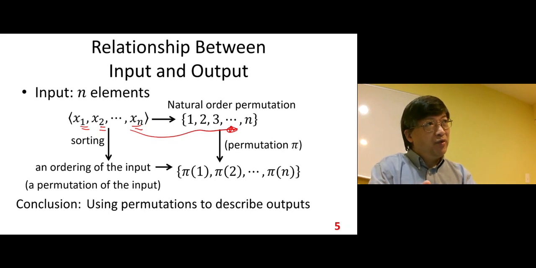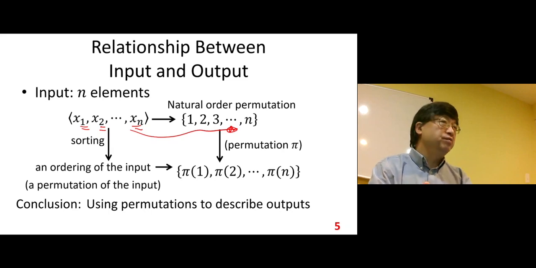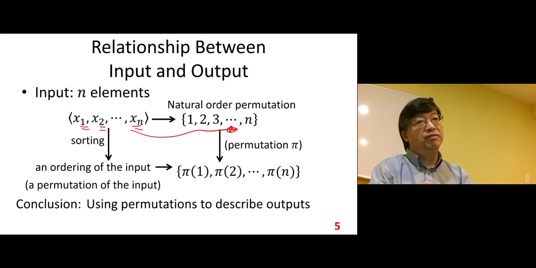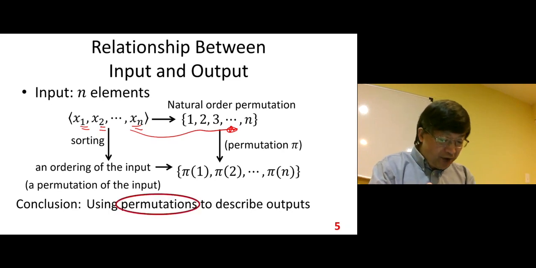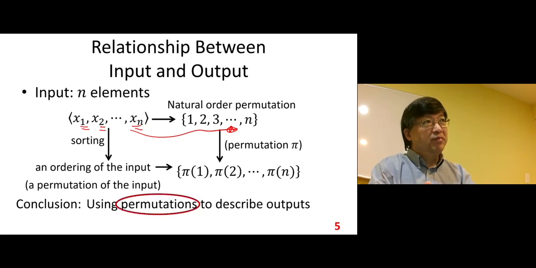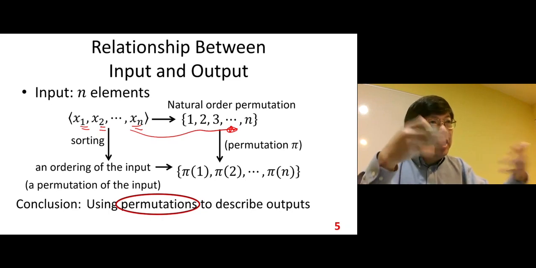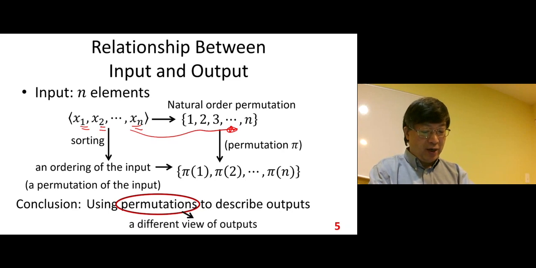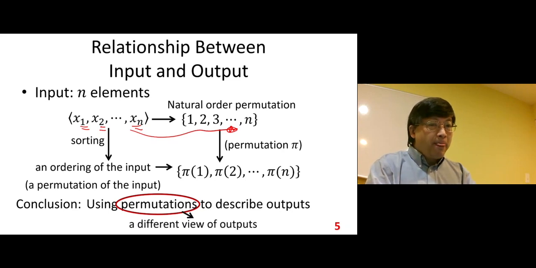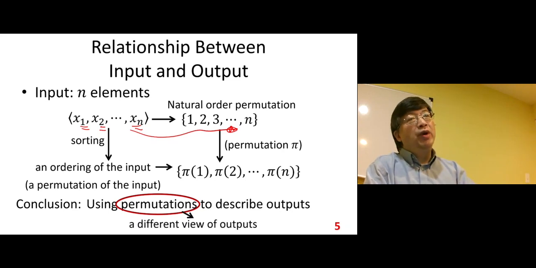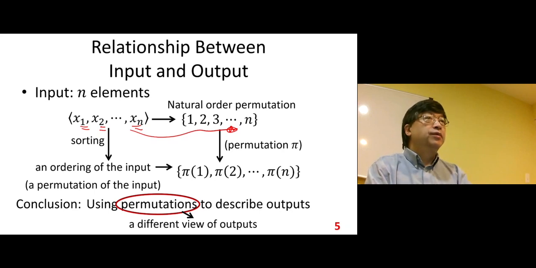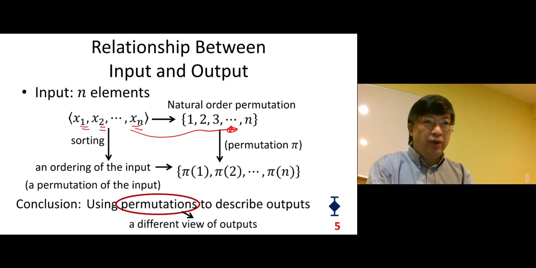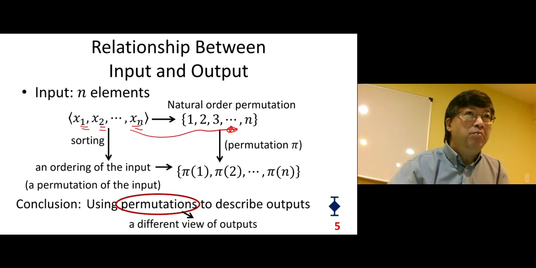But if we use this permutation view, we can find very important information. This view can reveal some important properties, so that's why we take this view. Next, we want to apply this view to get some valuable information. We will do that in part B.4.